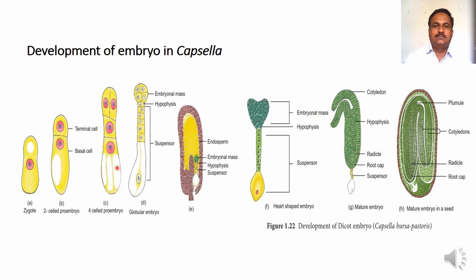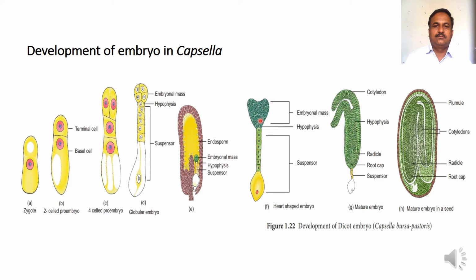Then the basal cell undergoes further division and gives rise to the suspensor, and the terminal cell undergoes mitotic division to give rise to the embryonal mass. In this diagram, the suspensor pushes the embryonal mass inside the endosperm. This endosperm stores a large amount of food material and provides nutrition to the developing embryo.